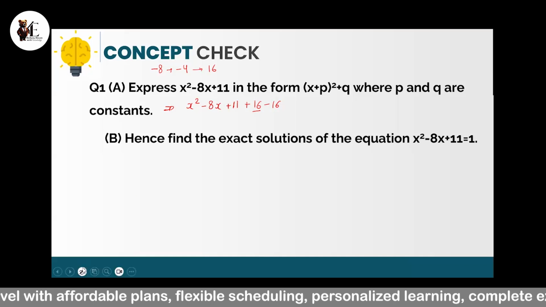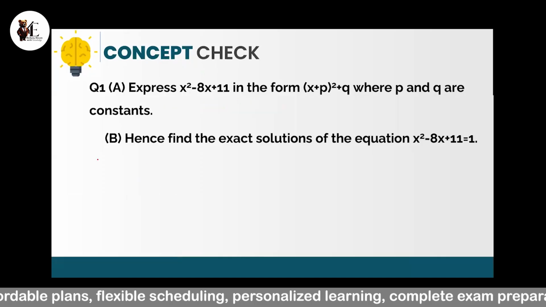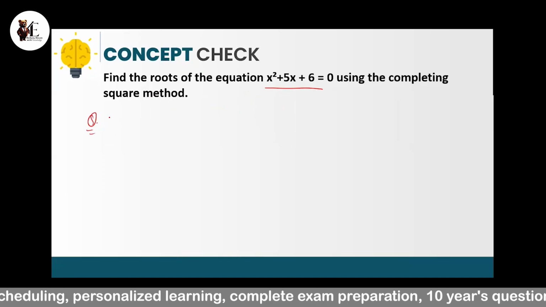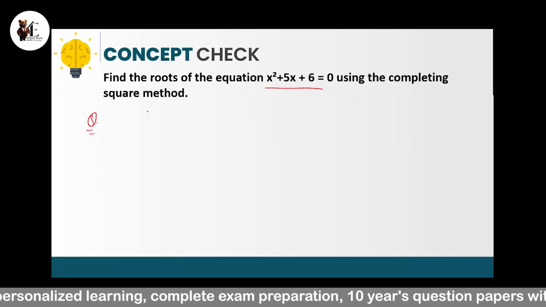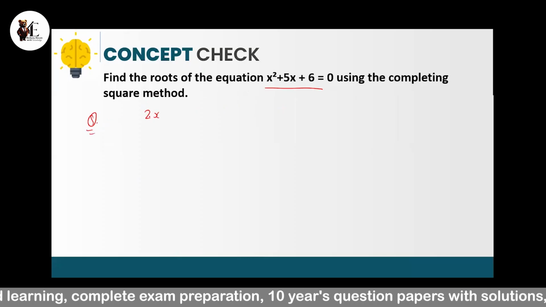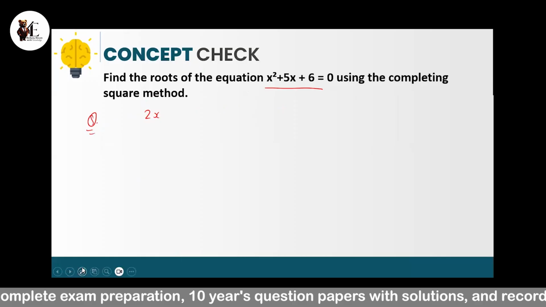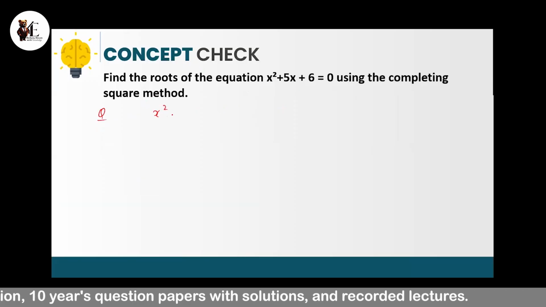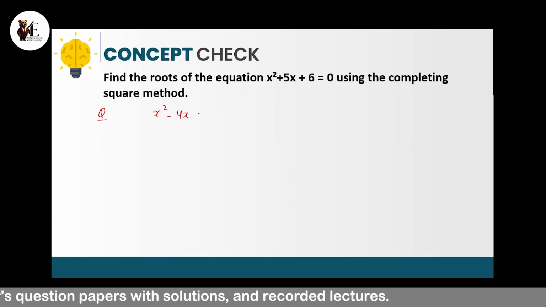Okay. The equation is x square minus 4x plus 4 is equal to 0.